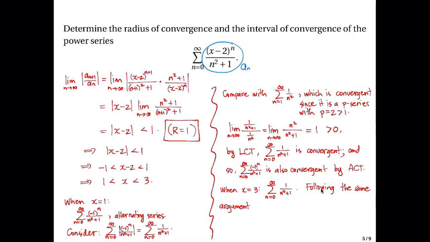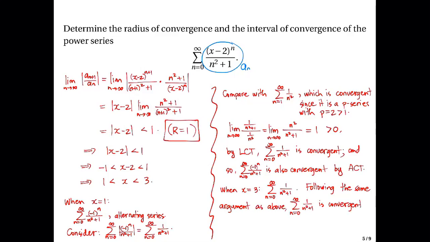We copy the same argument, because you're just going to use this. So from here up to this part here, it's exactly the same. So anyway, following the same argument as above, the series 1 over n squared plus 1, n from 0 to plus infinity is convergent.